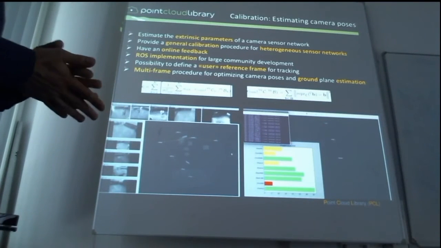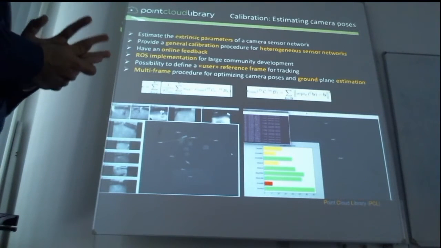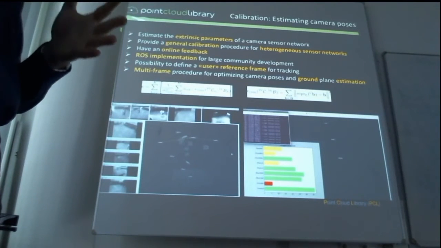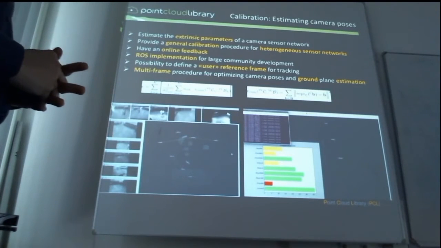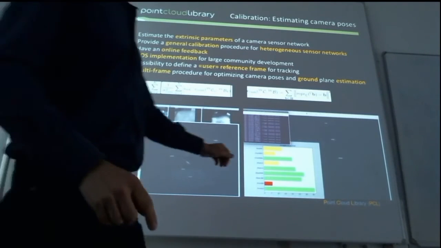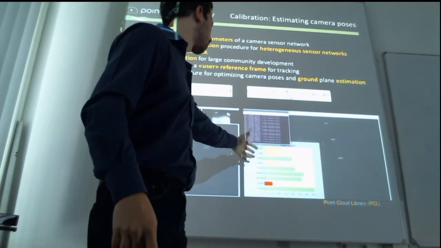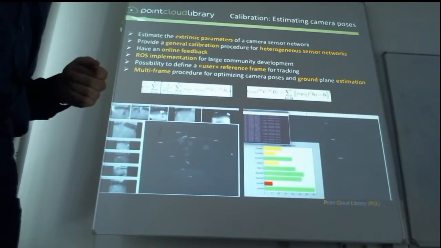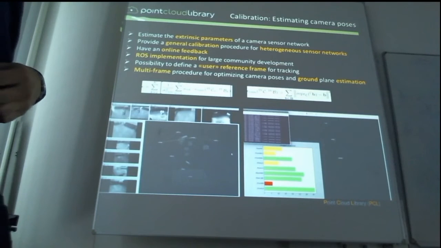The estimation is refined with a bundle adjustment framework every 5 seconds, and then when you save the result, this bundle adjustment is repeated once and for all, and the camera poses are saved. You can also have feedback on how many checkerboards were seen by each camera, so the user can move the checkerboard close to the cameras that need to see it.